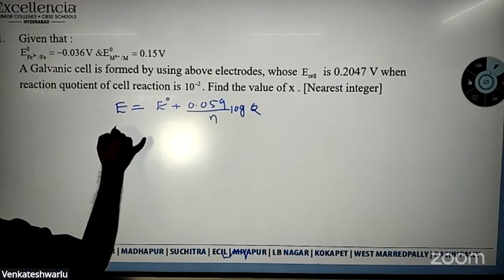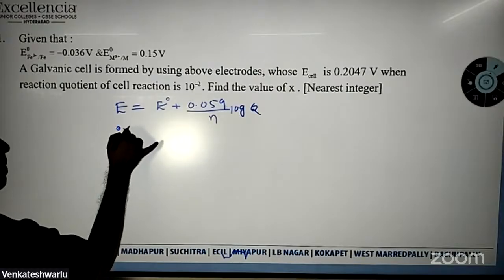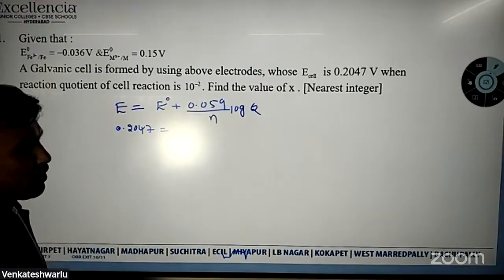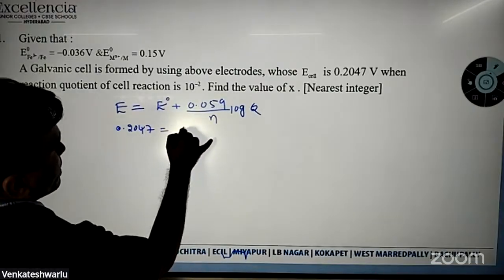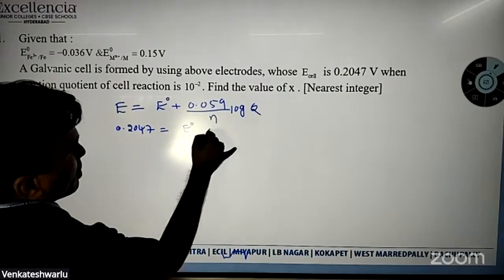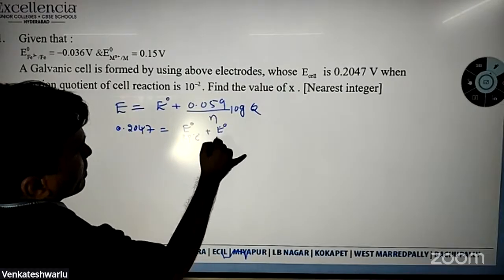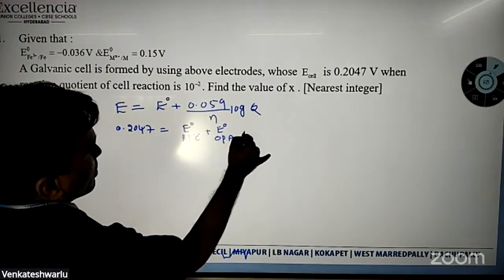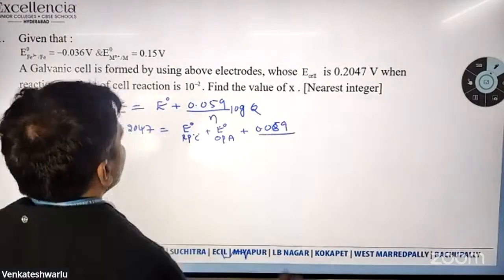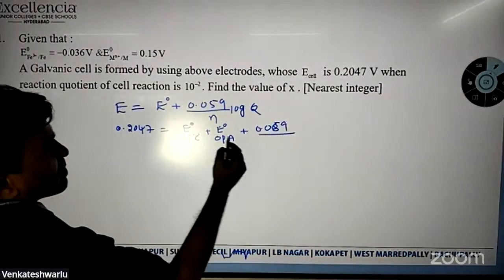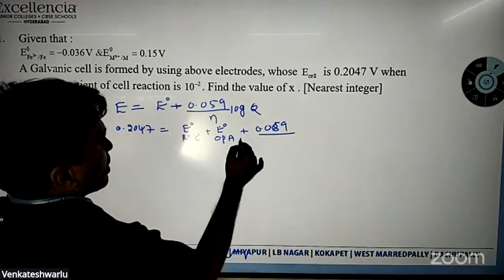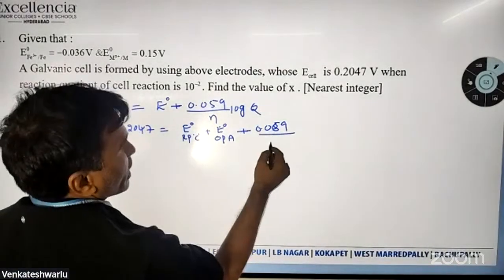So in the given question, E cell is given. E cell is 0.2047, and E naught is a standard value.